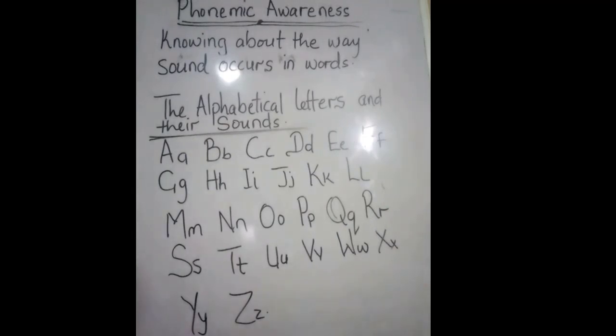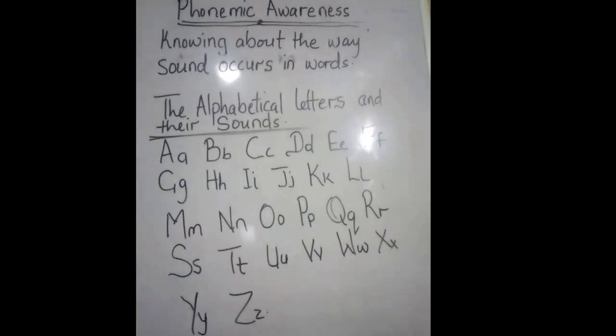Letter W makes the sound W, W. And letter X makes the sound X, X. A combination of K and S is the sound it makes. And letter Y makes the sound E. Sometimes, when it acts like a vowel, it makes the sound E, especially when it ends words.